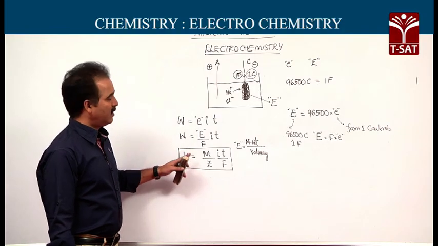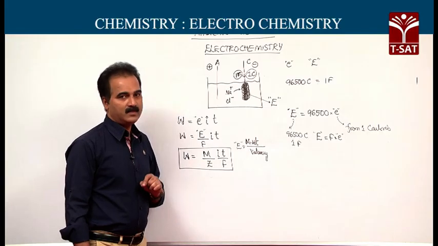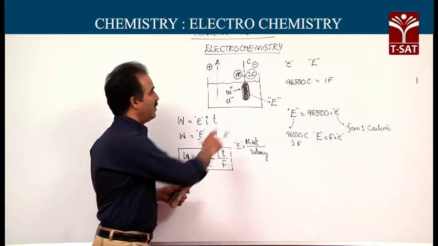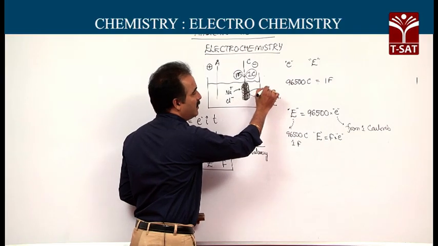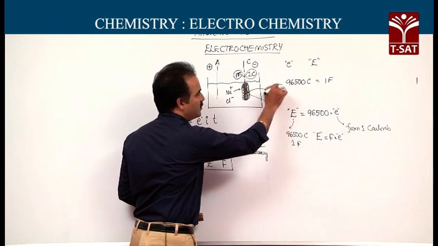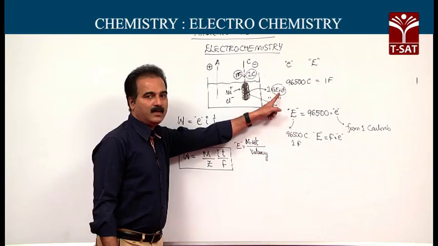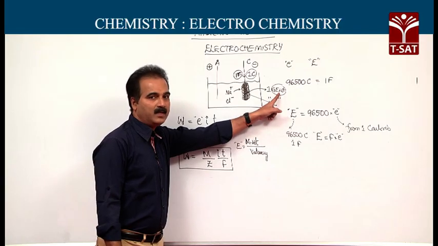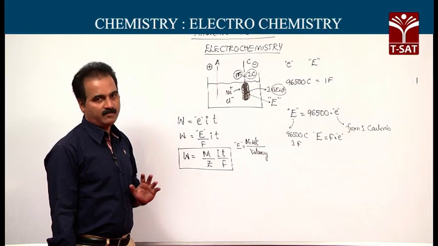The simplified expression for Faraday's first law is, when you send 1 Faraday of current, every time 1 gram equivalent weight of the substance will be reacting. That is the primary rule, and based on that we can do a lot of problems.